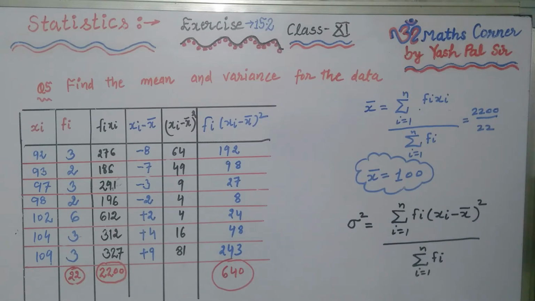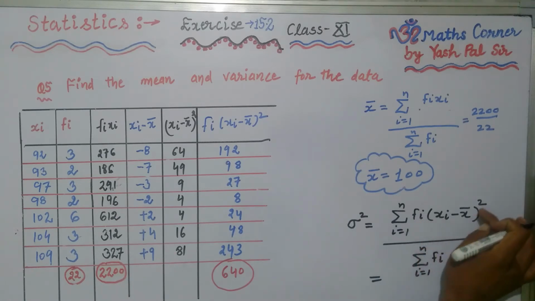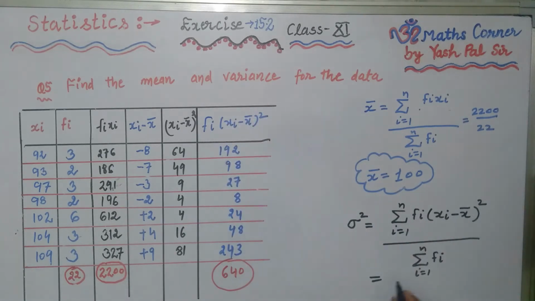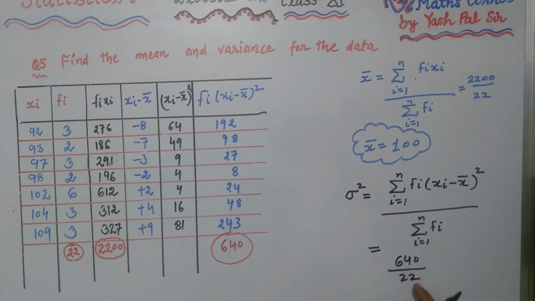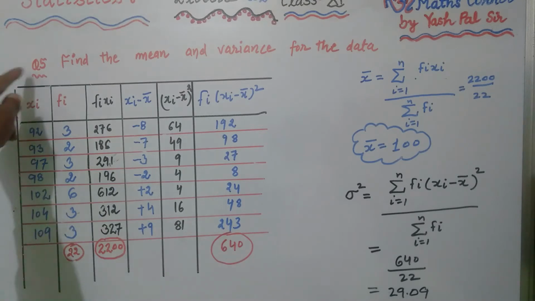Now we substitute this value, sigma square is equal to summation fi into xi minus x bar whole square, the value is 640 divide sigma fi, which is equal to 22. 640 divide 22. Dividing this, the answer we get 29.09. This is the variance of the question.